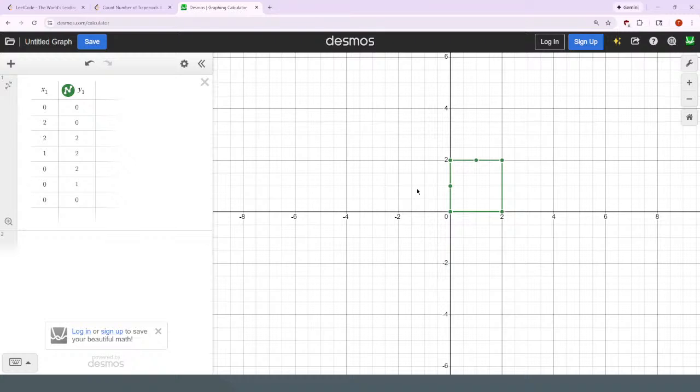So every trapezoid leftmost. So for each point, yeah, maybe.